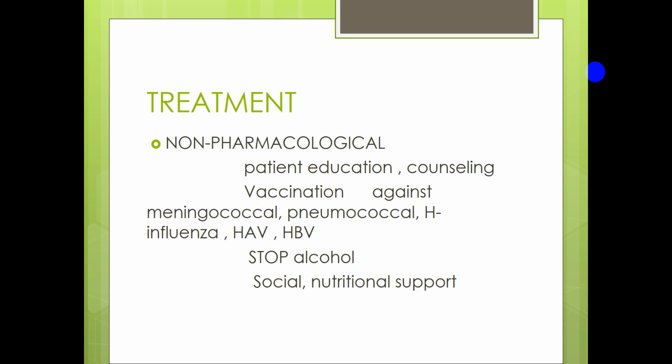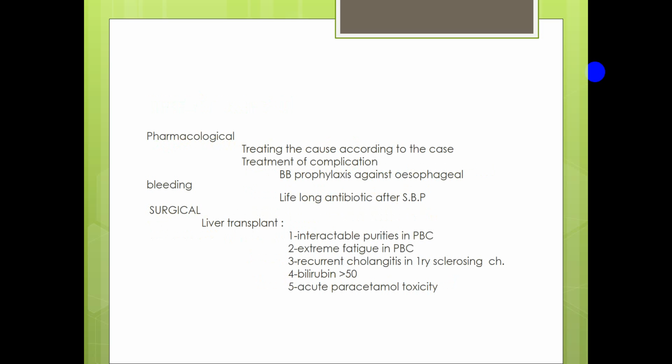You would stop alcohol because of its effect on the liver. You would give the patient nutritional and social support. For the specific or pharmacological treatment, you should treat the cause according to the case you are facing.